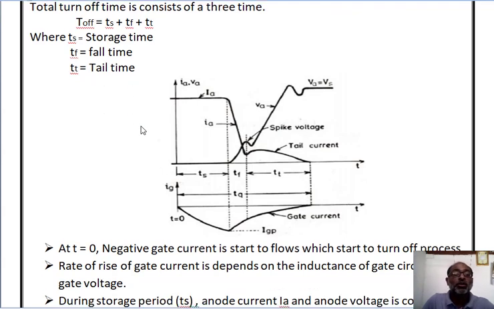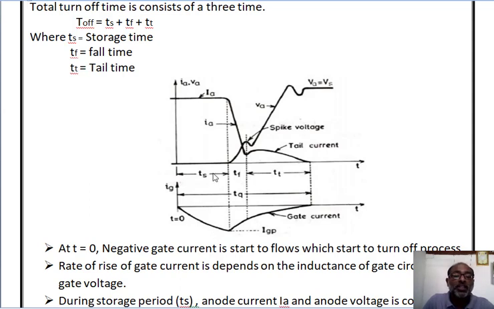Now, as shown in these characteristics, at time t, the negative gate current starts to flow, which starts the turn-off process of the GTO. The rate of rise of gate current depends on the inductance of the gate circuit and the gate voltage. So it is most important.